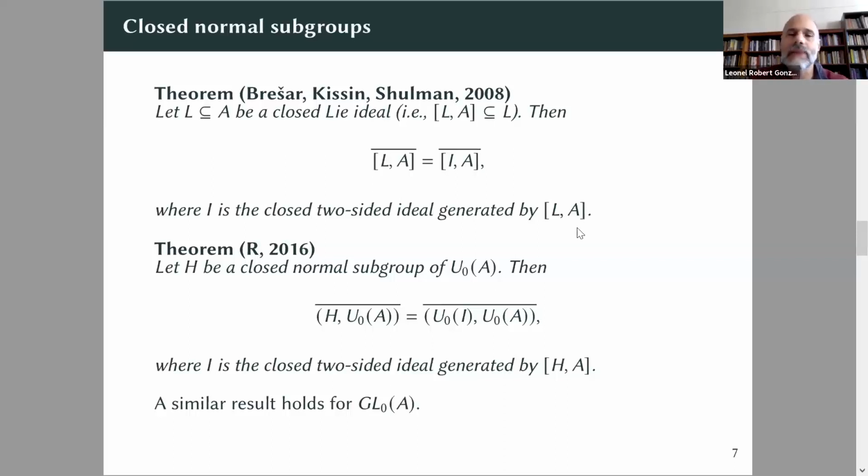By unitaries arising from an ideal, I mean in the unitization of the ideal. Again, it takes a little time, but this theorem essentially describes all closed normal subgroups.